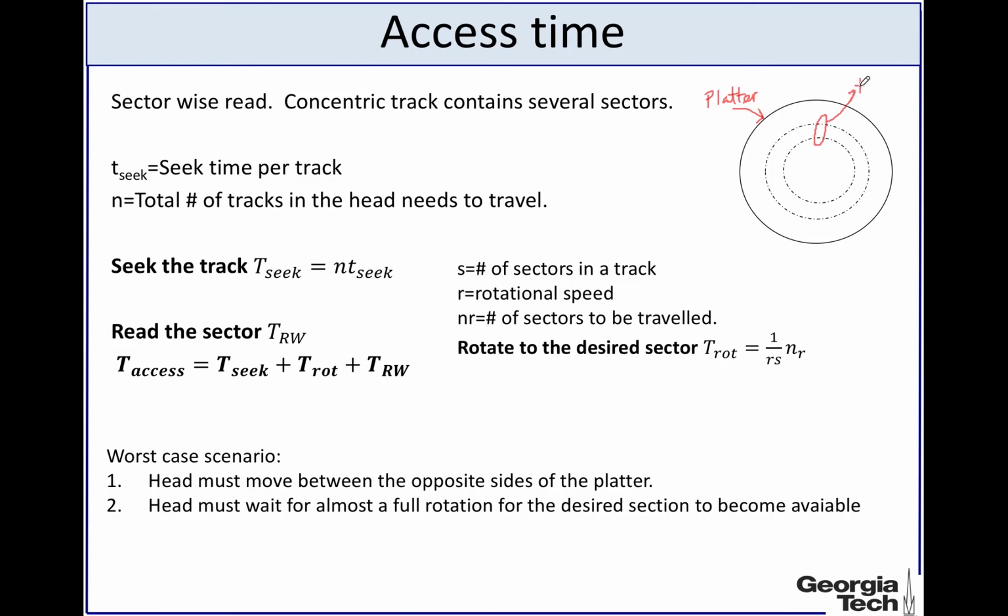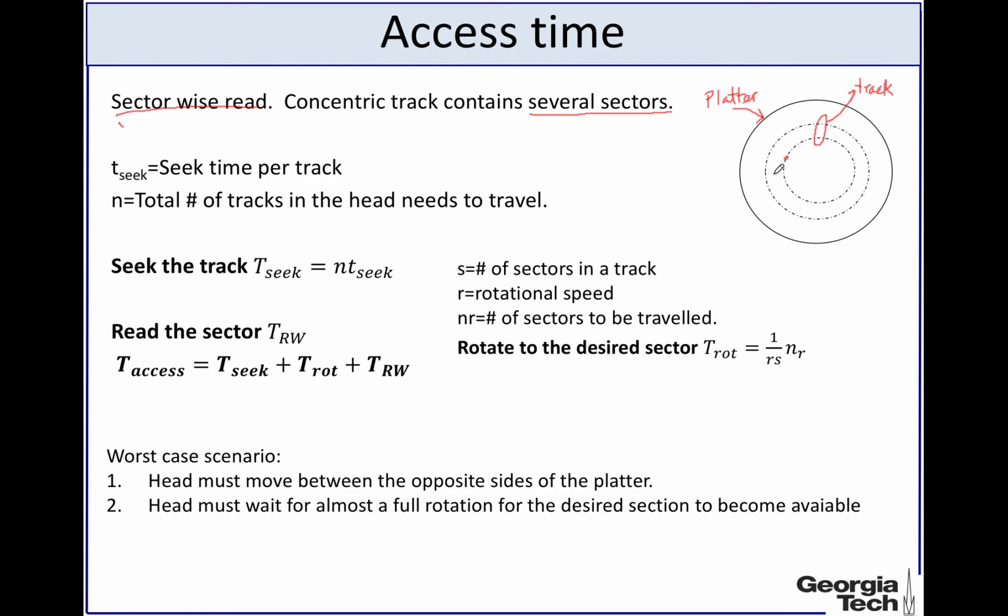These tracks are concentric circles. Now each of these tracks contains several sectors, and what is important is that the read happens sector-wise. So the read mechanism is sector-wise read. So if you want to access some data, for example this data over here, you will have to read the entire sector. Now another important thing is that magnetic hard drives are not random access memories.